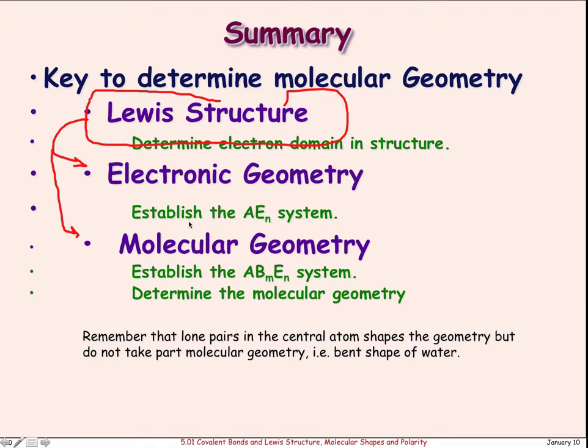So everything's dependent on each other. You need the valence electrons to get the Lewis structure. You need the Lewis structure to come up with the electronic geometry. You need the electronic geometry to come up with the molecular geometry. In the next section, you're going to use the molecular geometry to determine the polarity. So everything's related.